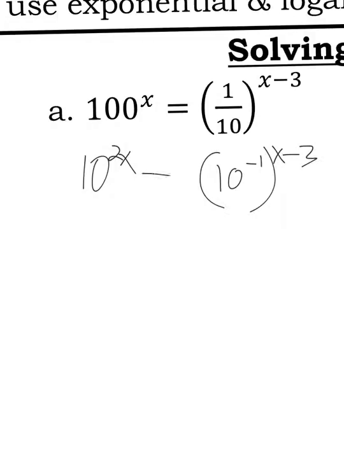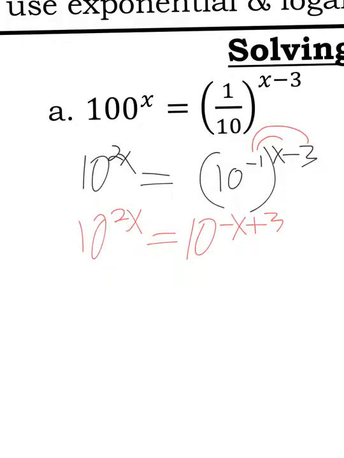Okay, so now look what I have here. I have two 10s, okay? The only thing I need to do is get rid of this negative exponent, so we're going to distribute the x minus 3. So it's going to say 10 to the power of negative x plus 3, because you're multiplying x times negative 1 and negative 3 times negative 1. So it's going to equal 10 to the power of 2x.